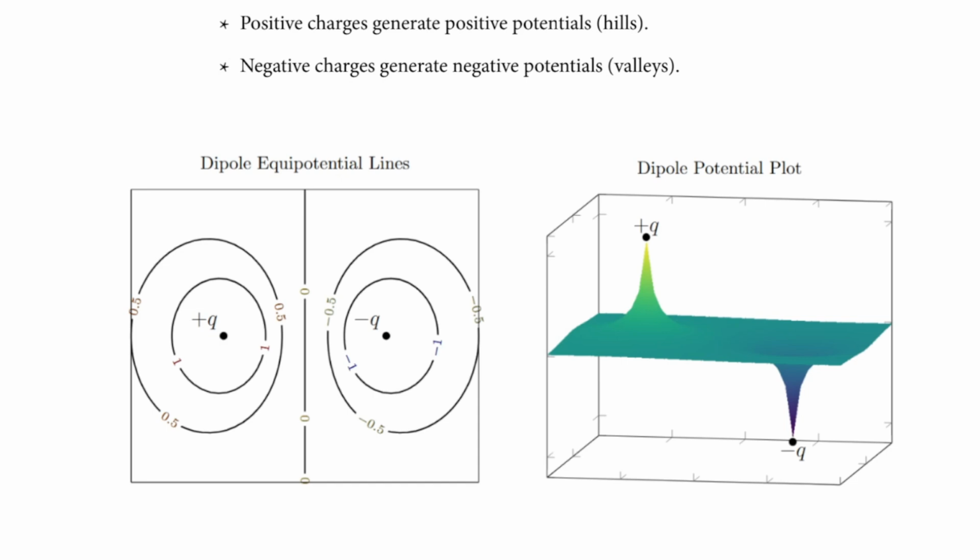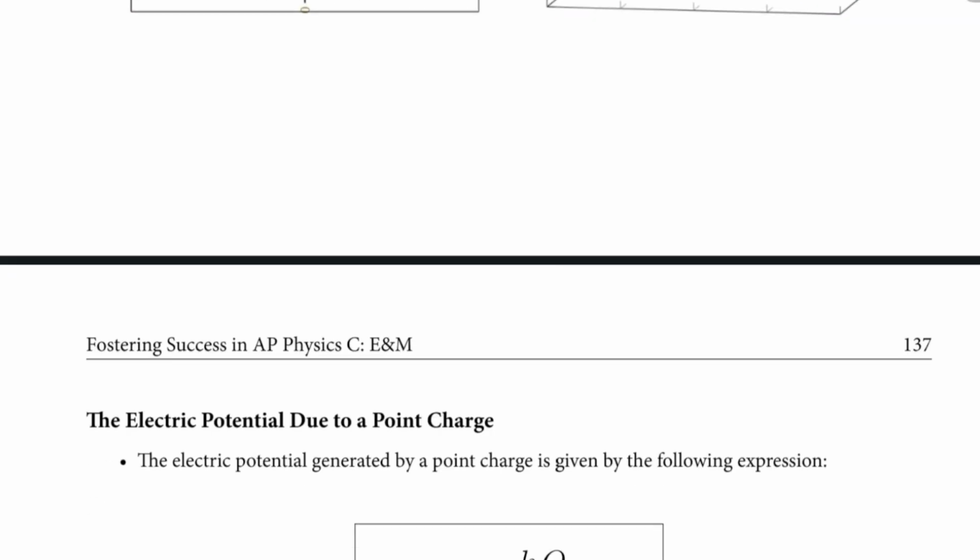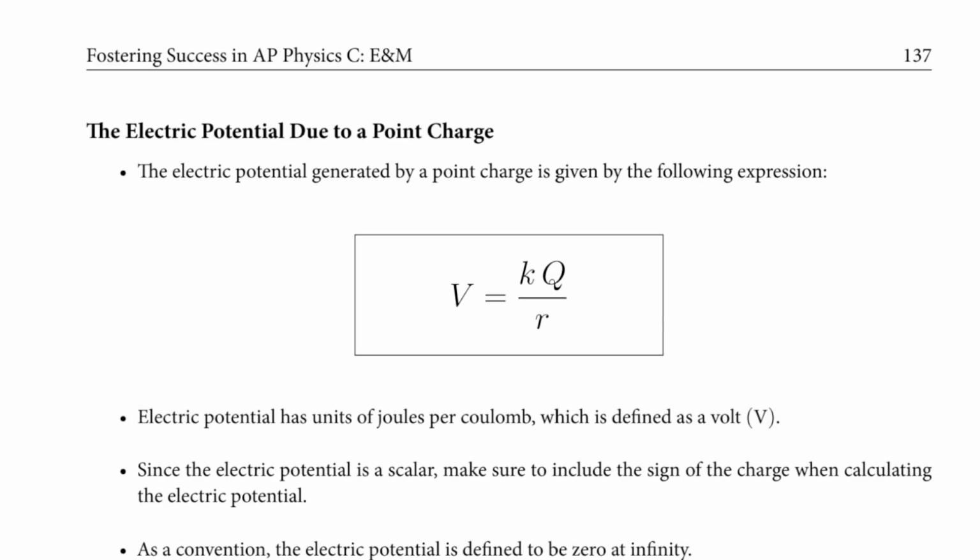Thinking about electric potential geographically actually makes a lot of sense and will help us solve some problems, especially when we relate this to the electric field. There's a nice visualization in terms of the slope of the terrain. To begin, you probably could have guessed that this would be the definition of electric potential.